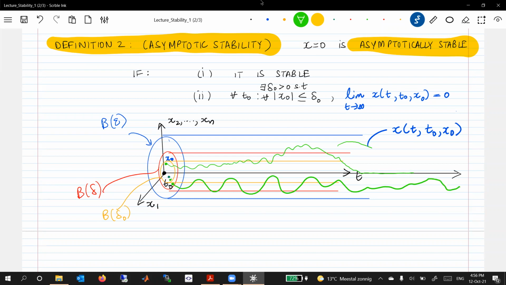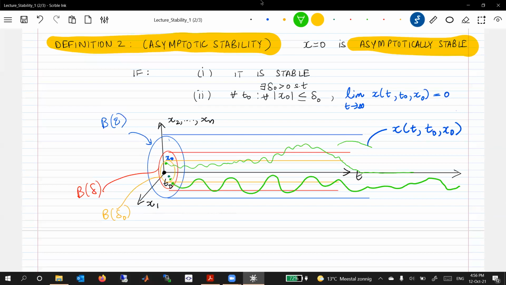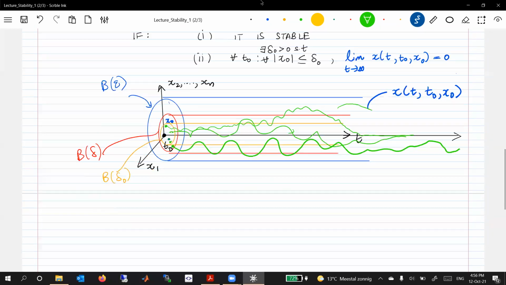You're still confined to the blue radius, but not necessarily decaying towards the fixed point, right? So this is what is asymptotic stability. Any initial condition starting here would be decaying towards the origin.